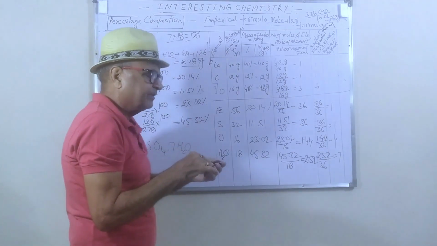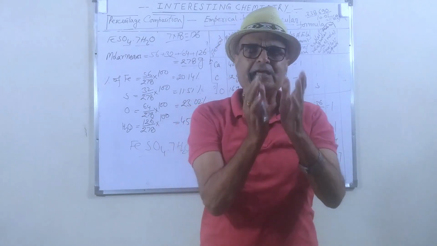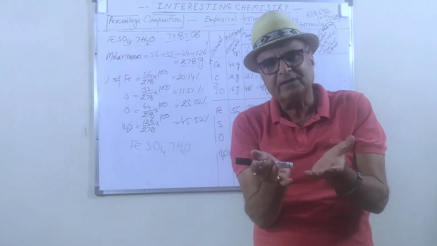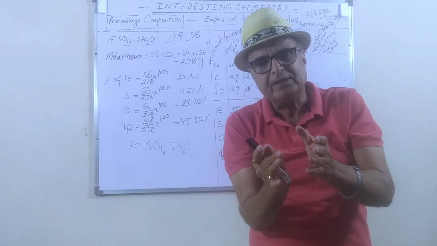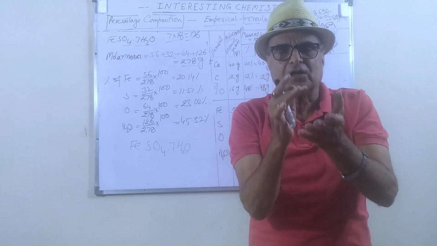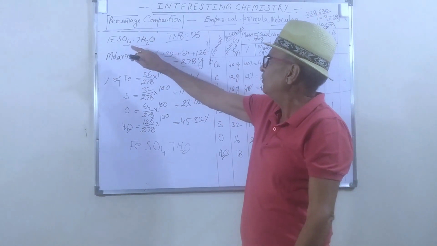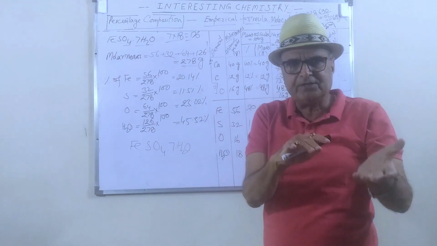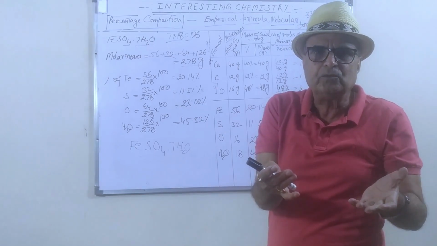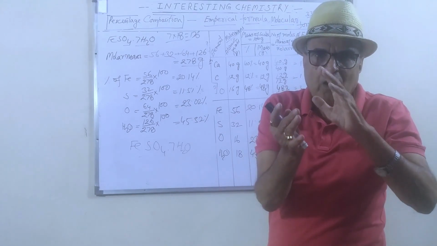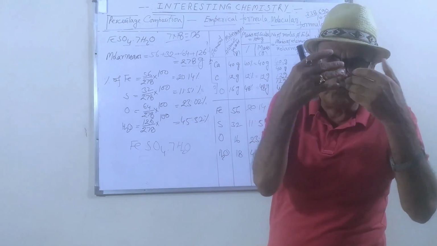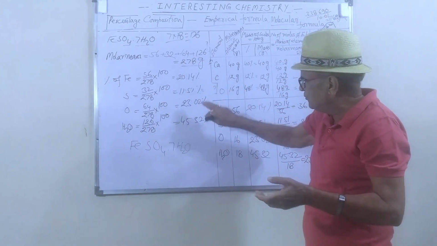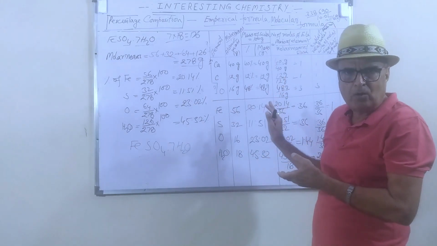So I think I have explained how you calculate the percentage composition from the molecular formula, and secondly, how you find the molecular formula from the given percentage composition of that compound.